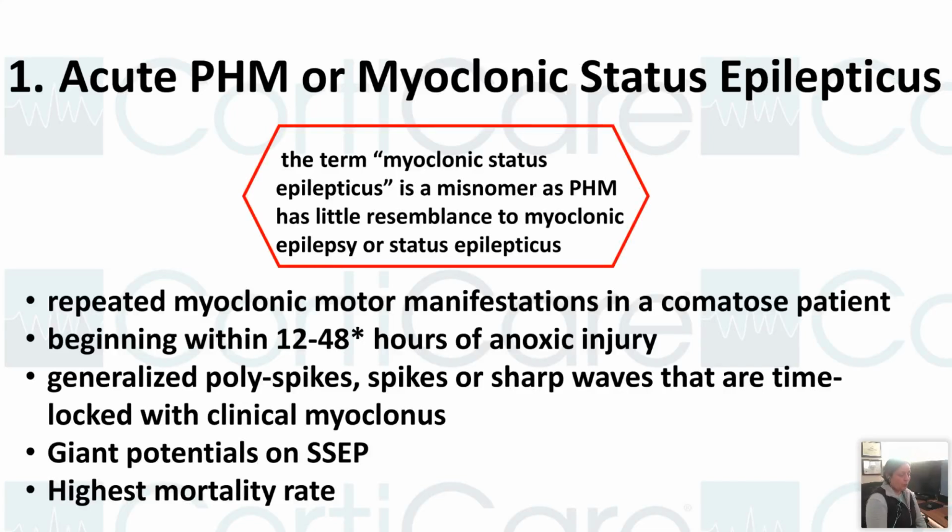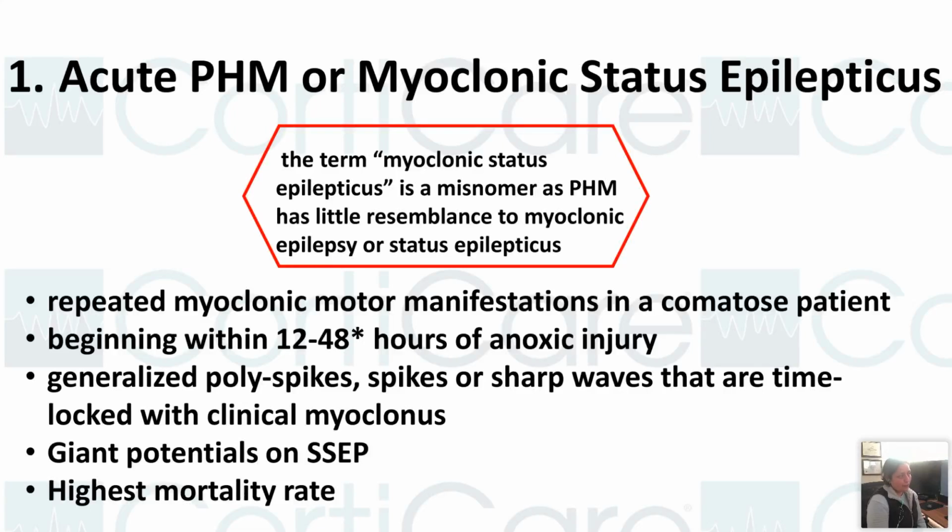The EEG will have generalized polyspikes. So the emphasis here is on polyspikes. And of course, we do see spikes, sharp waves, and these discharges are time-locked with the clinical signs. So it means the activity in the brain is appearing and is causing abrupt contraction of the muscles. When the SSEPs are done, they have giant potentials.